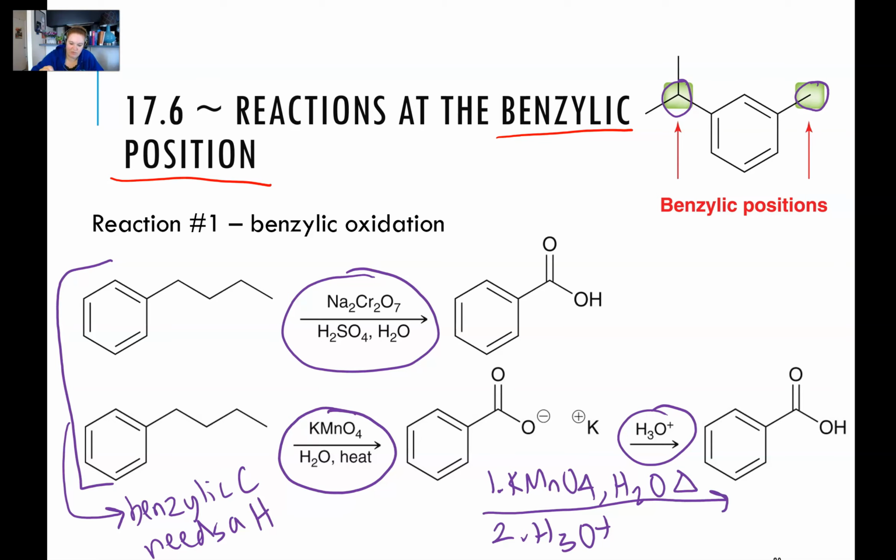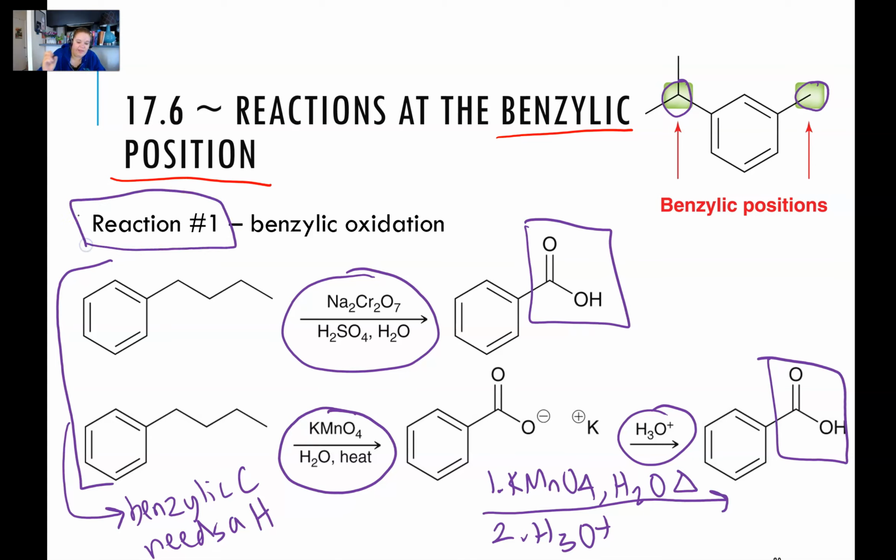And when we look at the product, that benzylic carbon becomes a carboxylic acid. So regardless of how many other carbons were attached to it, they are broken off and we're left with just that one carbon. And this is reaction number 1, by the way. I don't know if I actually said that. There are 6 reactions in this chapter.